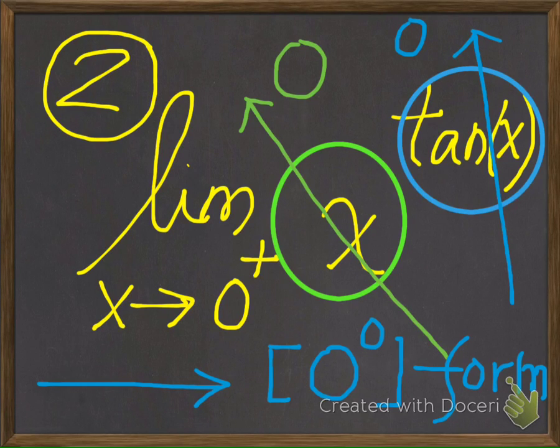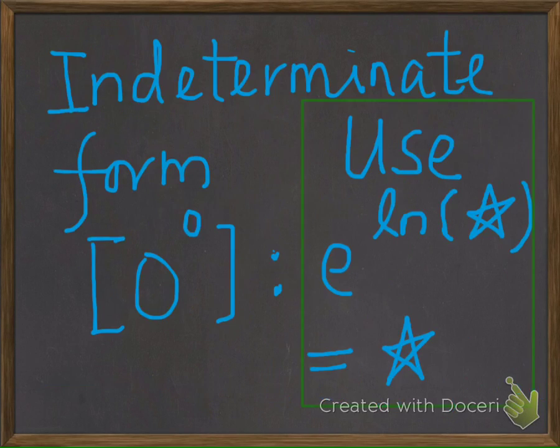How to solve the limit of x to the power tangent x as x approaches 0 from the right, which carries the 0 power 0 form. You can see the illustrations of how to get the 0 power 0, the green color and the blue color illustration. The form 0 power 0 is interpreted as a very small number in magnitude raised to the power of a number that is also small in magnitude.